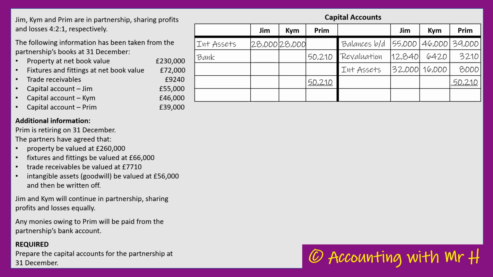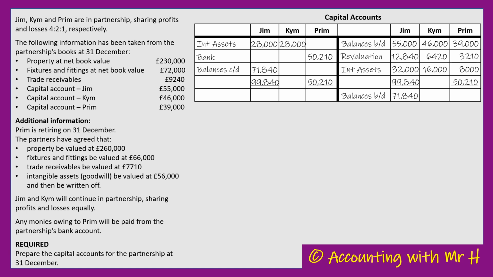And then just work through the other partners. So Jim, see which side's got the most on it. Again, it's the credit side. So total up Jim's credit side. There we go. It comes to 99,840. But he does have 28,000 on the debit. So take that away. And that's going to give me his new closing capital balance, which is 71,840. And then I can total that off and then bring that down so he's ready to go moving forward.